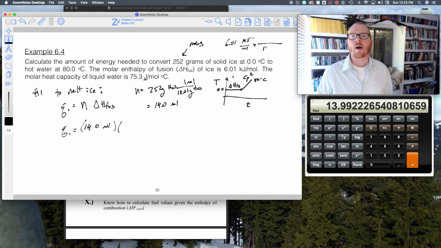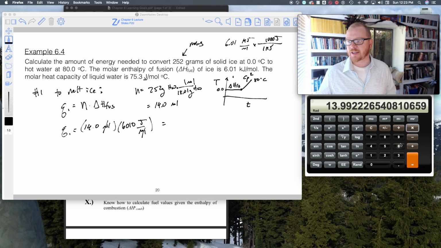I know 1 kilojoule is 1,000 joules, so that quantity is 6010 joules per mole, and the moles cancel. Now I'm going to leave this number in the calculator and multiply by 6010.